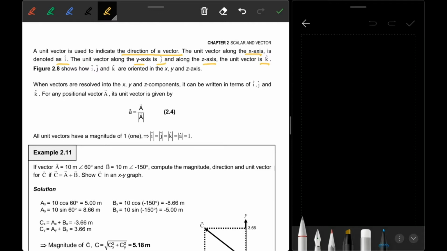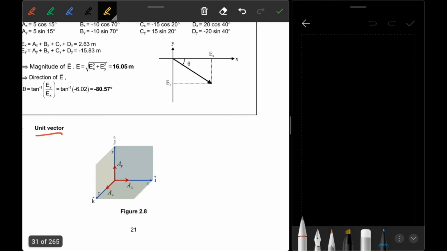Figure 2.8 shows how i, j, k are oriented in the x, y, and z. This is figure 2.8. So i is along the x-axis, j is along the y-axis, k is along the z-axis. What are x, y, and z? That means it is in 3 dimension.